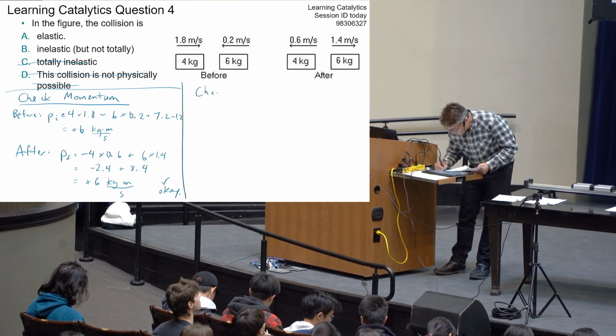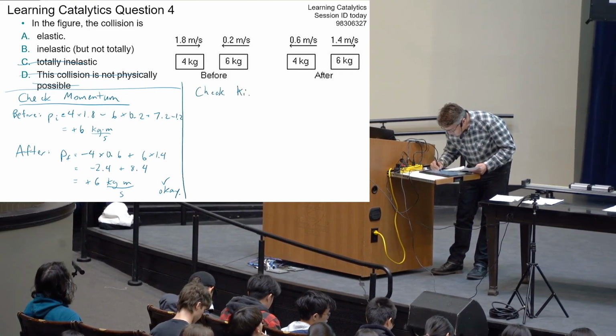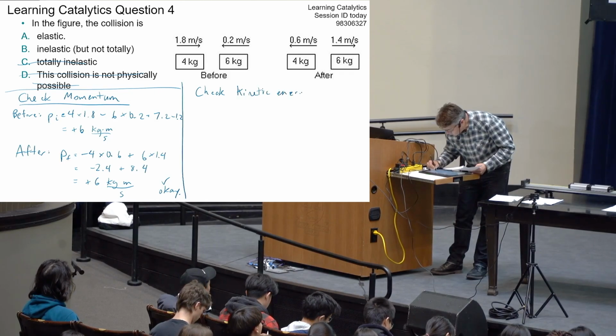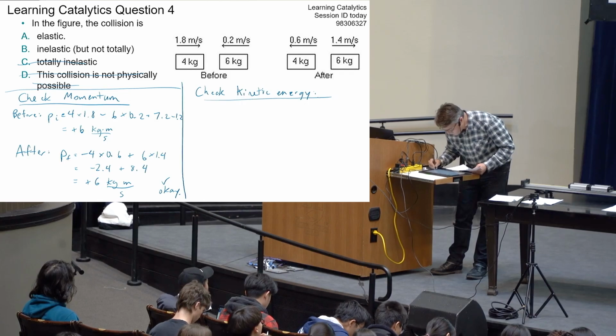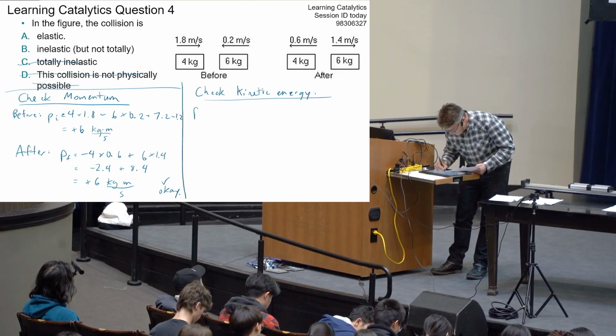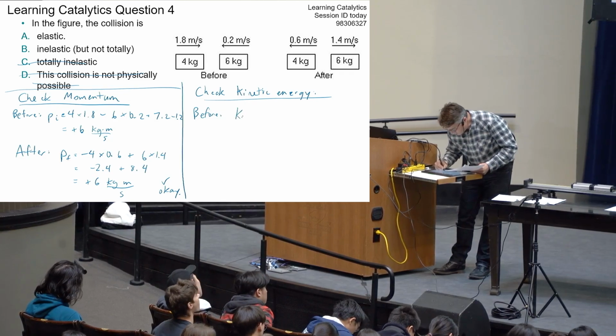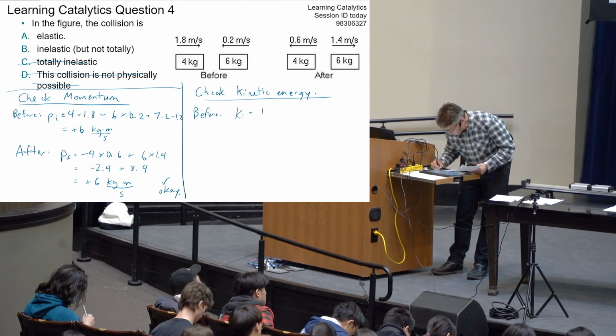So let's check kinetic energy, which, by the way, is always positive. So it's a different equation, and it turns out to be a lot different. Before, K initial is equal to 1/2 mv squared, right?